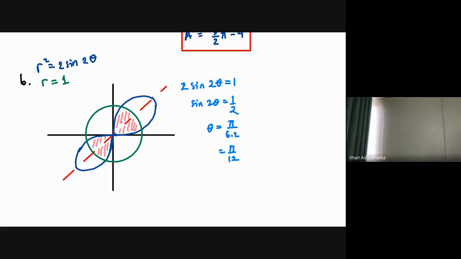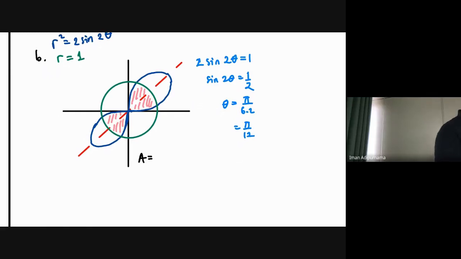And then we can look at our area here. It's a combination of the circle and the lemniscate. So first, we can add the circle and the lemniscate. So let me write the equations.